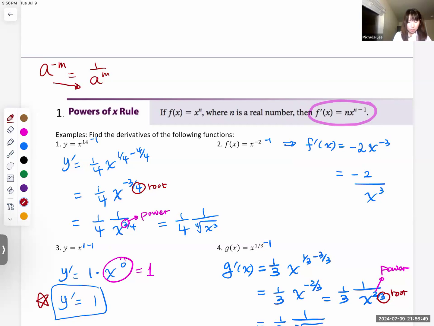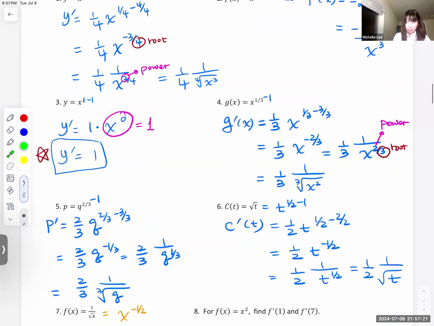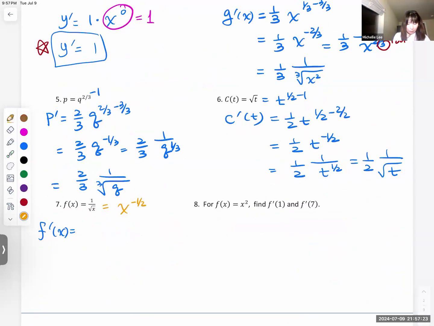So if we have 1 over a to the -m, since we have a -m, we bring it up, so it will be a to the m power. I explained to you why, right? So a to the m power means a to the m power over 1, right? Same as.